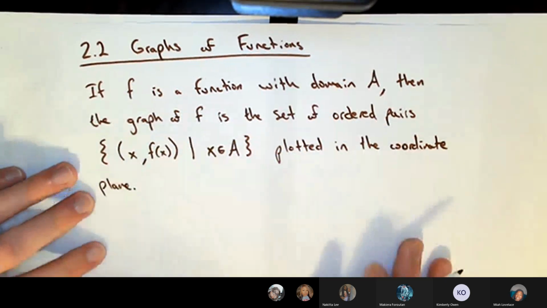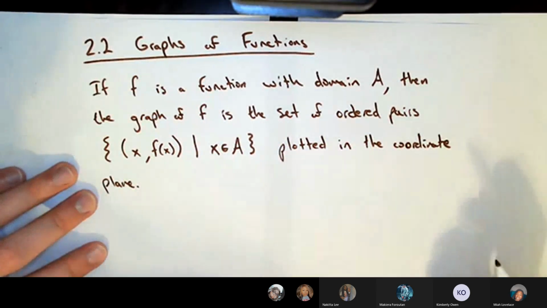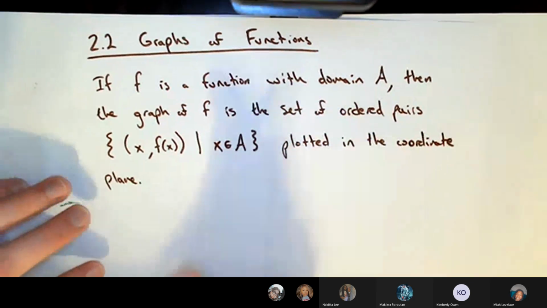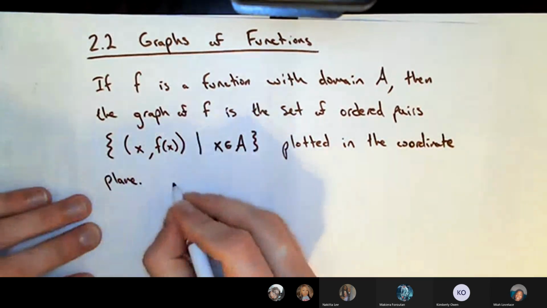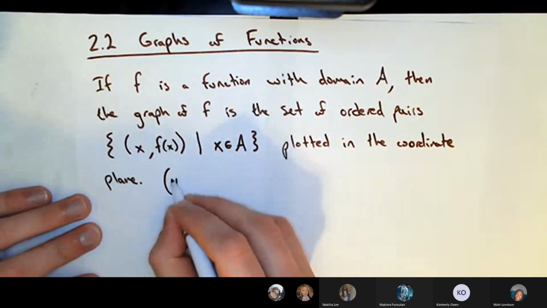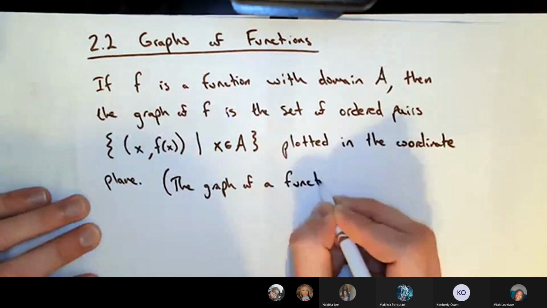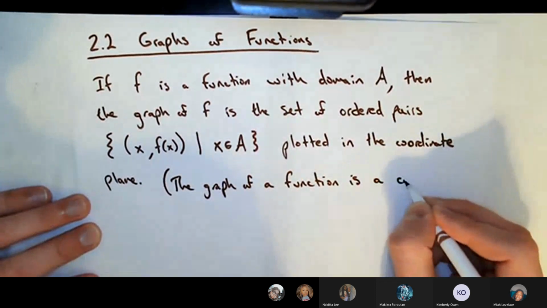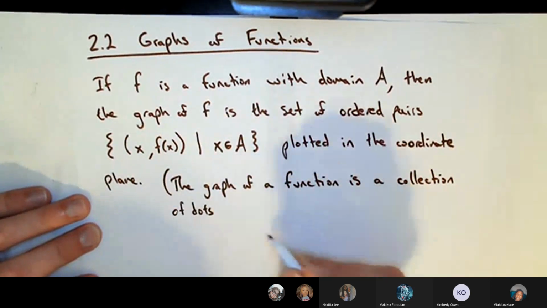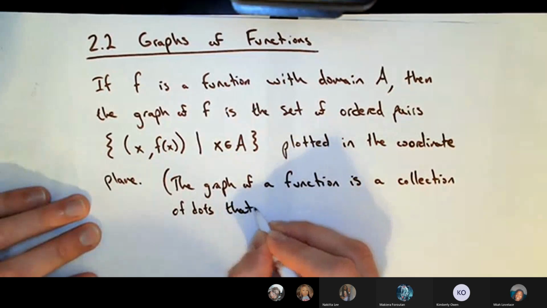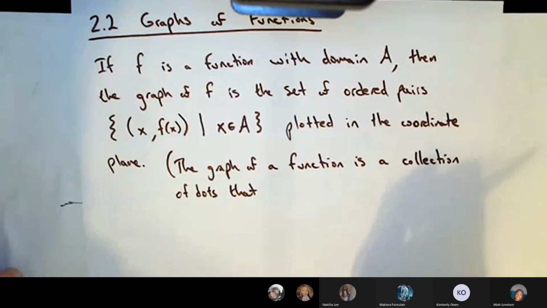All right, that is all very fancy talk for saying the graph of a function is just a collection of dots. It's just a collection of dots at specific points defined by whatever the function is. So in layman's terms, the graph of a function is a collection of dots, and there's infinitely many dots on the graph of a function, at least for the functions we'll be graphing.